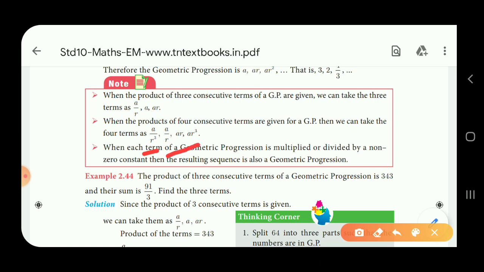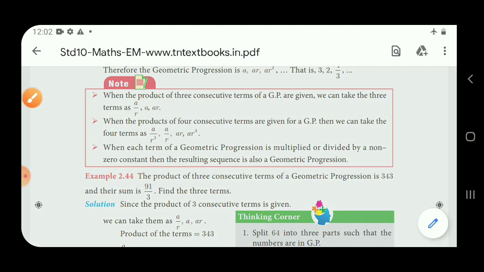These are four terms of a geometric progression, and these are three terms. If each term of a geometric progression is multiplied or divided by a non-zero constant, the resulting sequence is also called a geometric progression. You already know that.